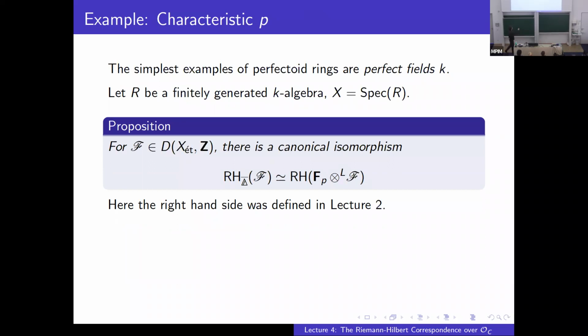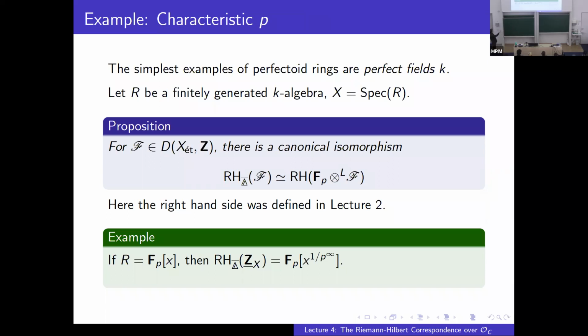In that case, you could take an étale sheaf on X, apply this construction, and we have essentially the formula that I gave you last time, which is to apply the construction of lecture 2 to the complex of sheaves of F_p vector spaces that you get by reducing F mod P. As an example, you could take R to be a polynomial ring in one generator, and you apply this construction to the constant sheaf, and what you'll produce is the perfection of that polynomial ring in one generator. And that doesn't look finitely generated as an R module.